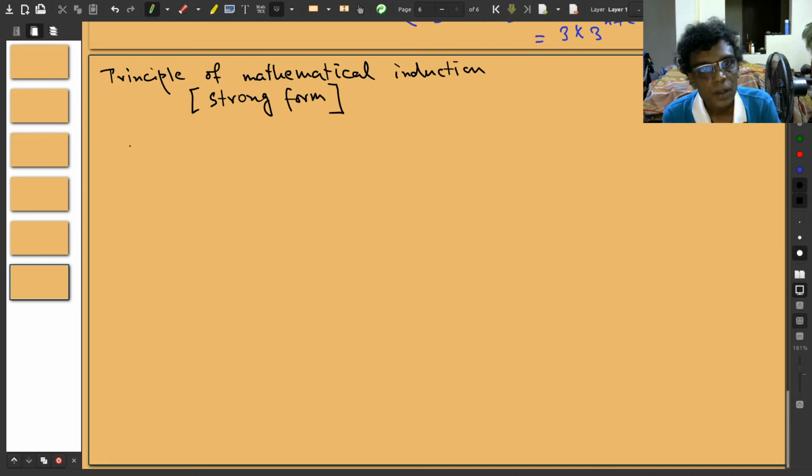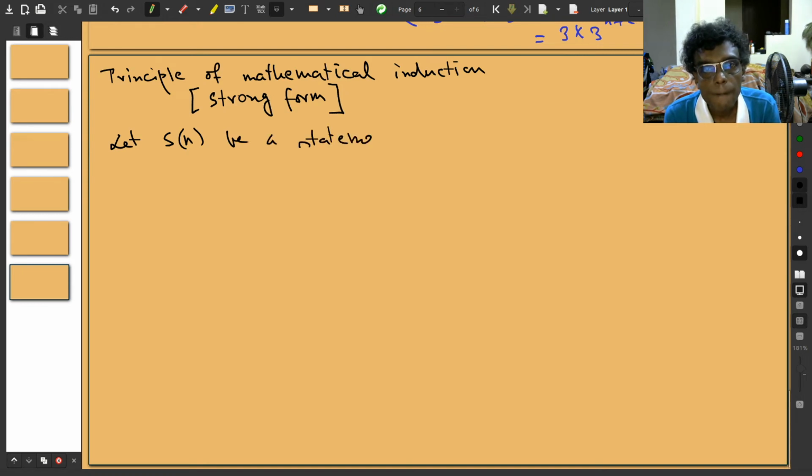Okay, so once again we can start from something like n0, but maybe let's start with n equal to 1 or 0, whatever. Okay, so once again let's say S n be a statement about n in the non-negative integers, such that the following two conditions hold.